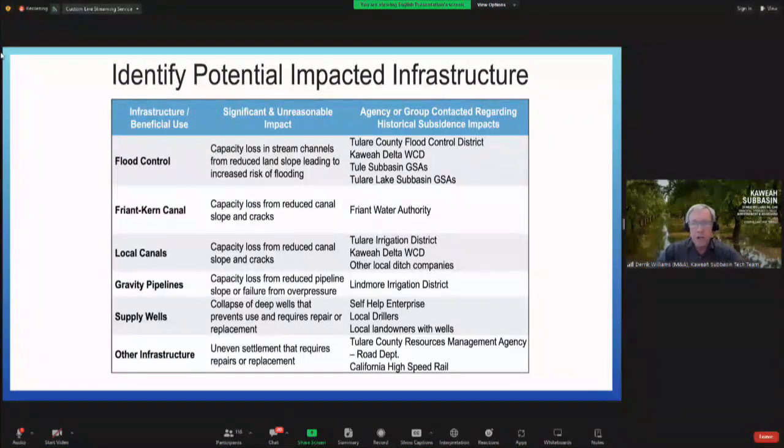The GSAs additionally agreed, in coordination with their neighboring subbasins, that no more than 7 feet of subsidence is acceptable in the western edge of the subbasin. This is to avoid any flood control issues and to make sure that all the subbasins in the area are coordinated in their flood control efforts.